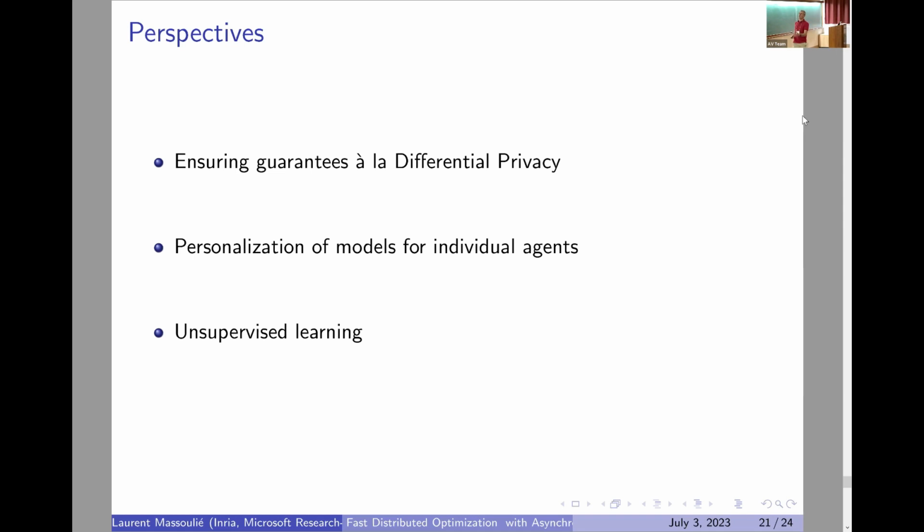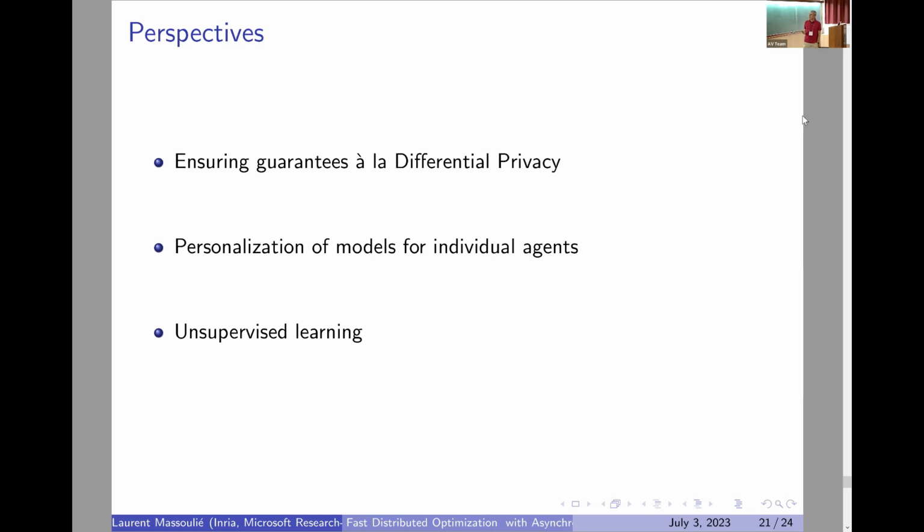There are solutions where, instead of sharing your gradients, you share noisy versions of your gradients. For this, we have started obtaining guarantees on the privacy that you can obtain. As usual for privacy studies, there's a trade-off between the privacy guarantee and the loss in utility, and we have interesting trade-offs of that kind.